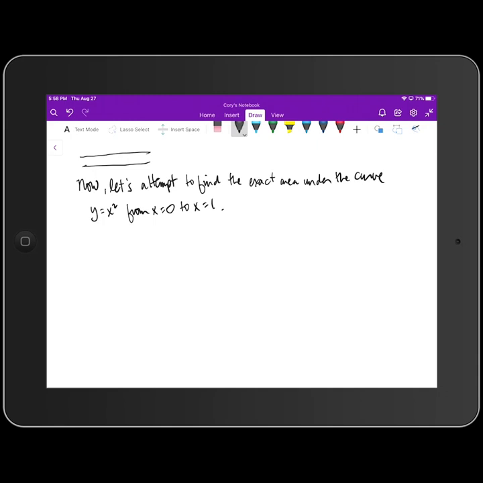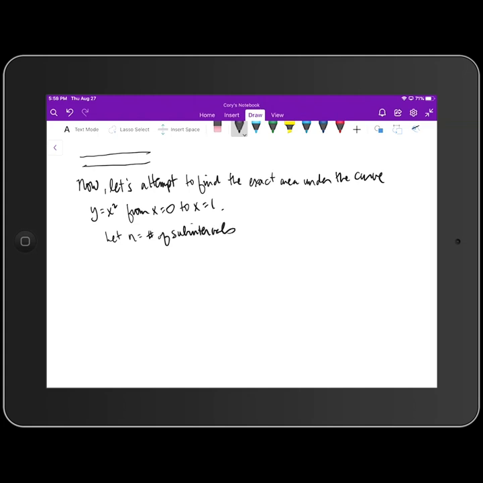Okay, so what we're going to do is take the interval from 0 to 1 and divide it up into n subintervals. So we're going to let n equal the number of subintervals.